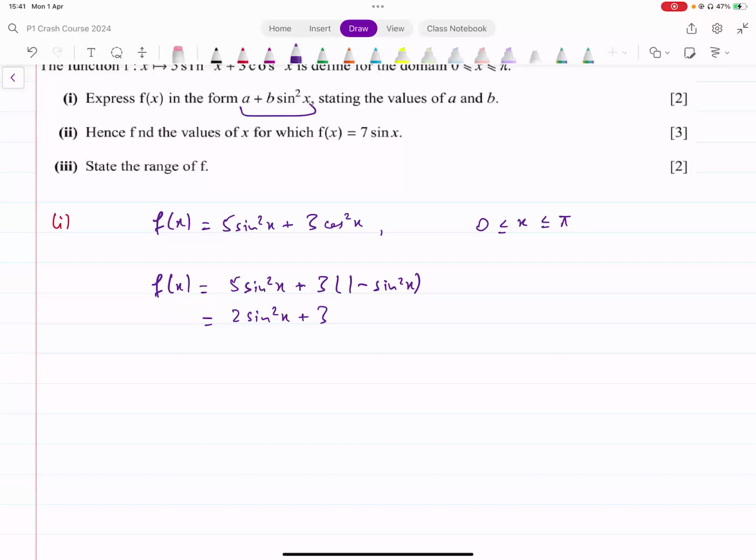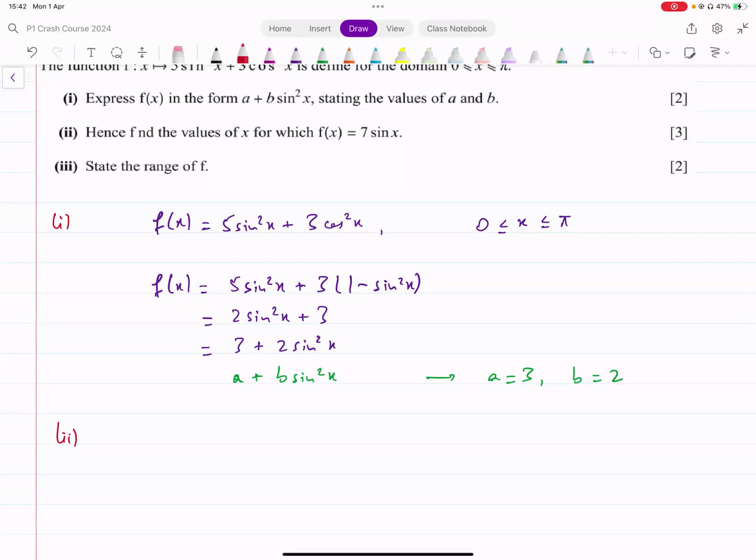Now, it's in the form a plus b sine square x, so you have to rearrange this and write it as 3 plus 2 sine square x. Now you compare with that form, a plus b sine square x. That means a is equal to 3 and b is equal to 2. That's the first part. That's all that you have to do there.